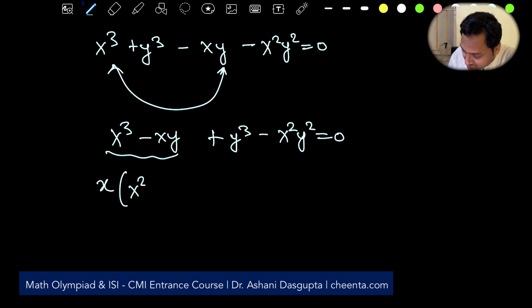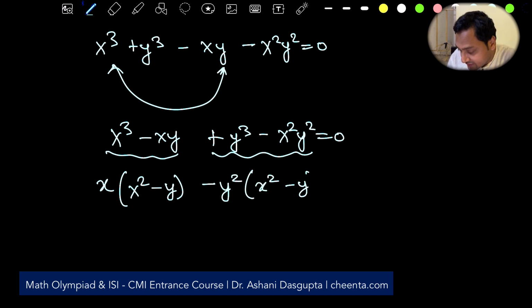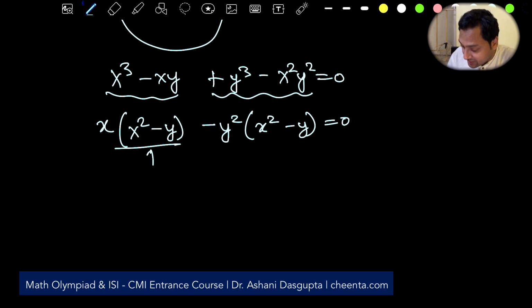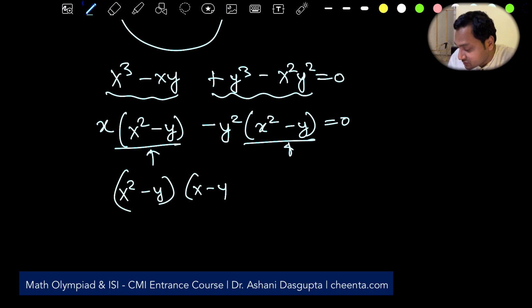So, we have x squared minus y. And from the last two, let's take minus y squared common. So, we'll have x squared minus y again. That's great. Now, we have x squared minus y in both of these pieces. So, we have x squared minus y times x minus y squared equal to 0.